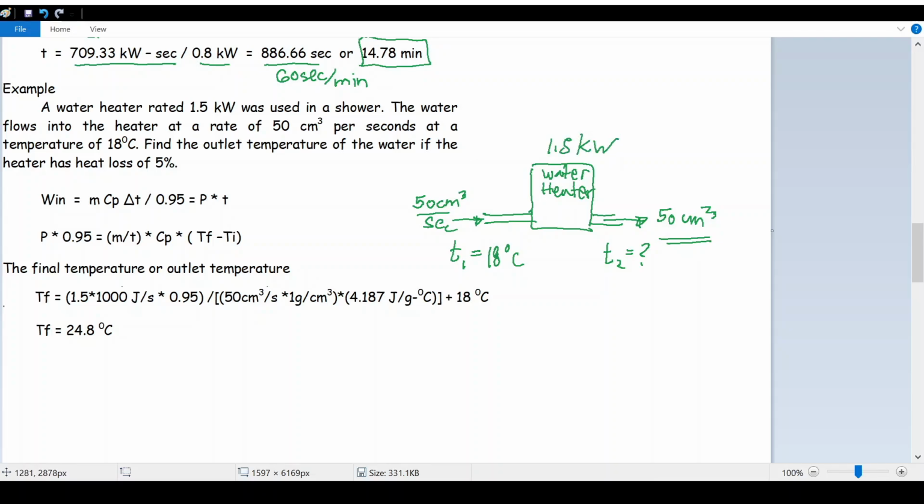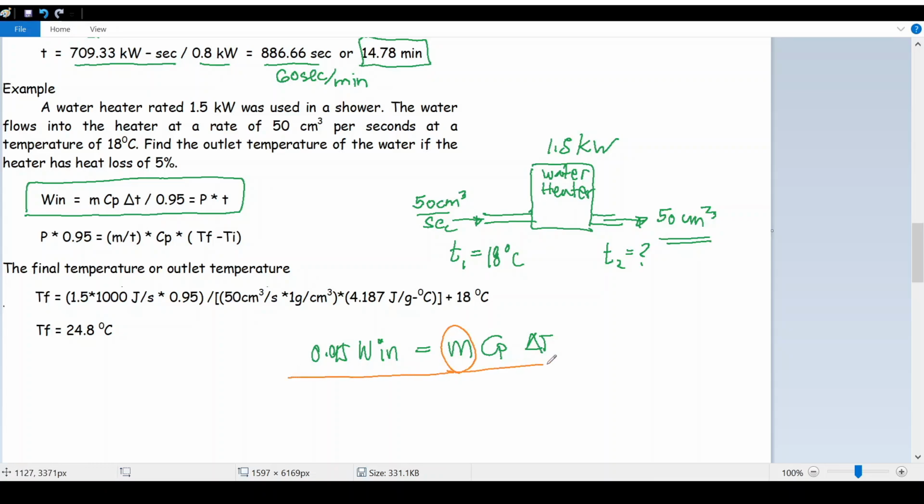In this problem, with the formula 0.95 energy in is equal to mass Cp delta temperature, we can see that in this equation we have only a mass and not a mass flow rate.